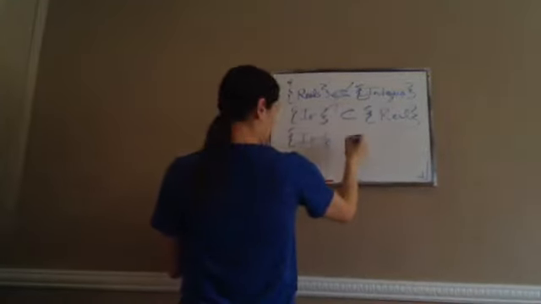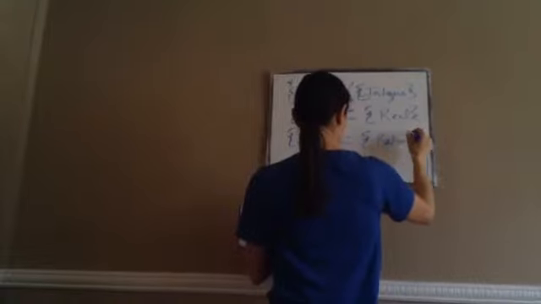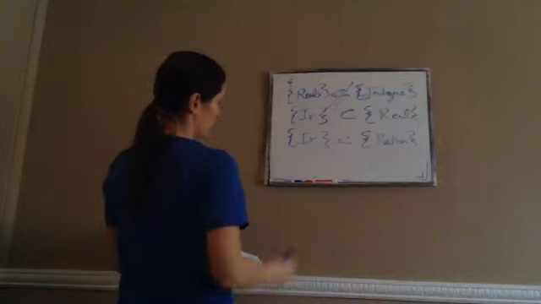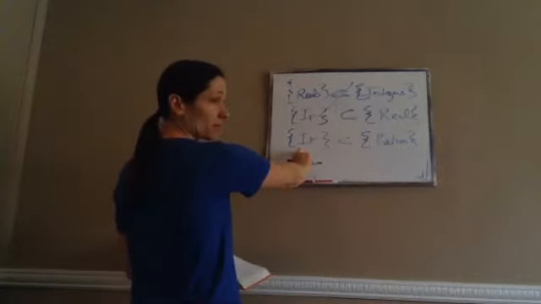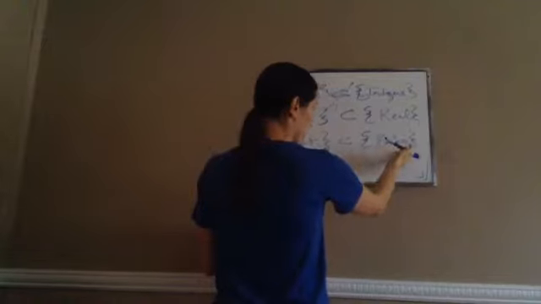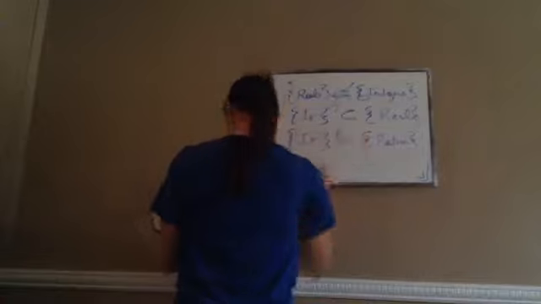Irrationals, are they a part of rationals? Irrationals are like pi and all that. No. Rationals could be a part of irrationals, but irrationals cannot be a part of it. So this is false. Got it?